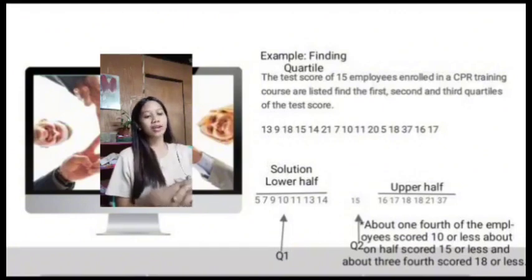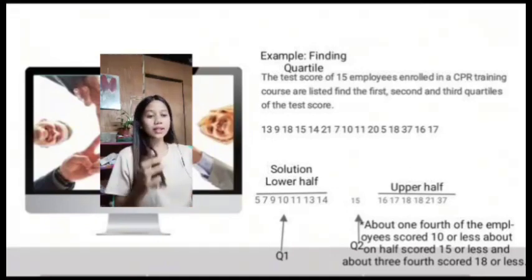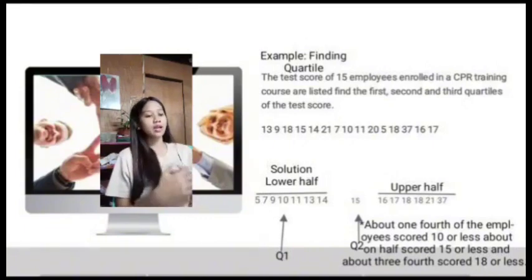Remember how we find the median when the total number of values is odd: we get the one middle value. With 15 values, there are 7 values on the left and 7 values on the right, so the middle value gives us Q2.